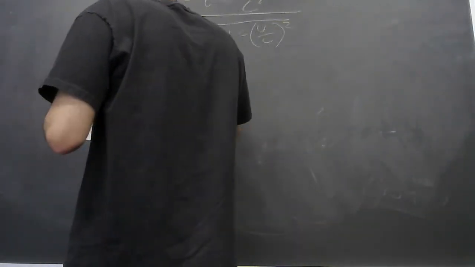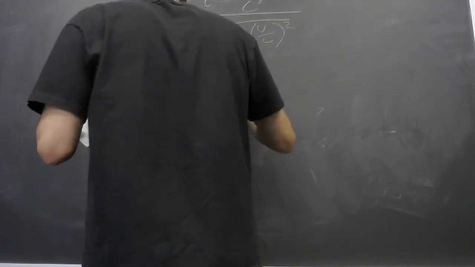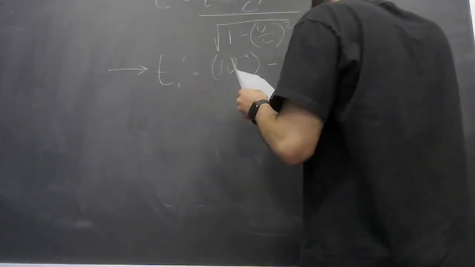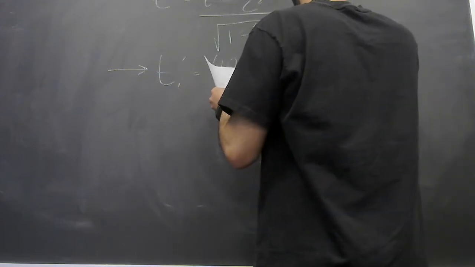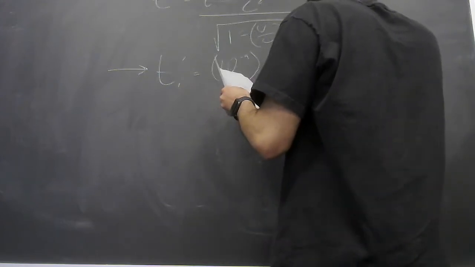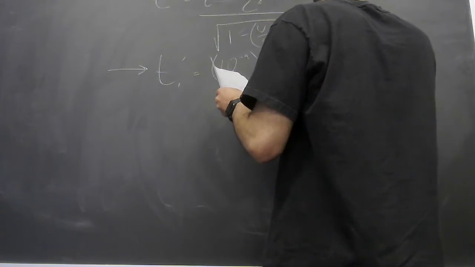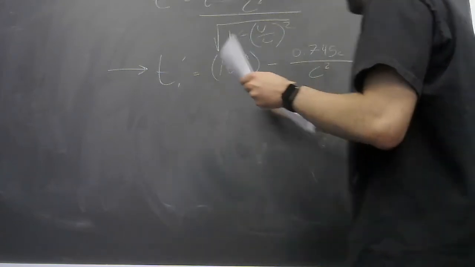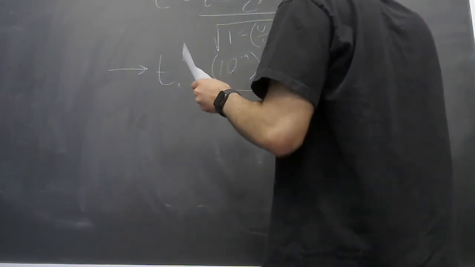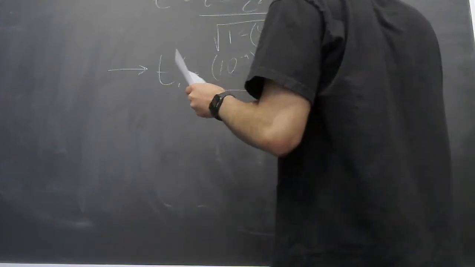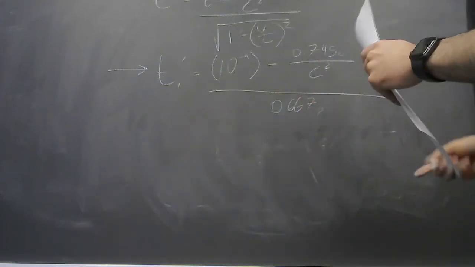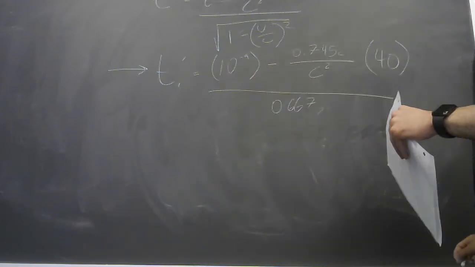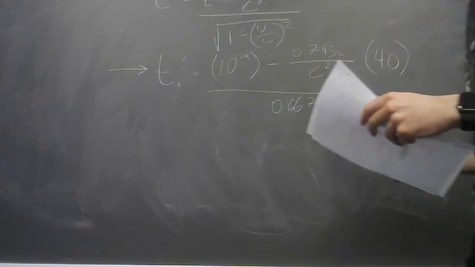We can see that t1 prime equals the time, so 10 to the minus 9, minus 0.745 c over c squared times that position, 40, divided by 0.667. Also, on my answer key, I wrote 10 to the minus 8 instead of 10 to the minus 9. So if my answers look different than the key, just keep that in mind.